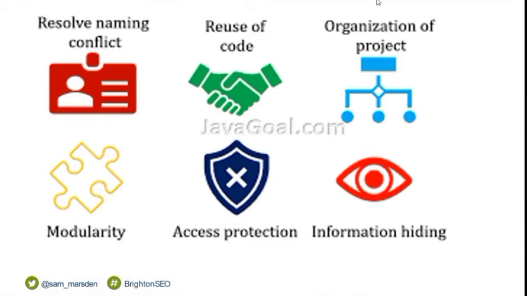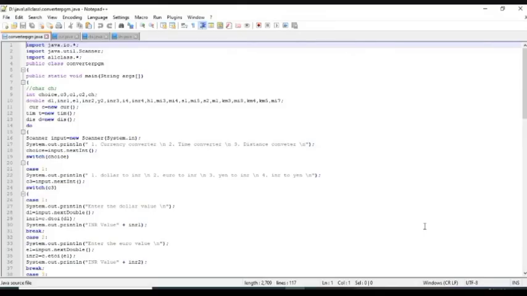Next, we will show the demo classes. Here I take an example of a currency converter, distance converter, and time converter by using packages, right? So what is a package here?